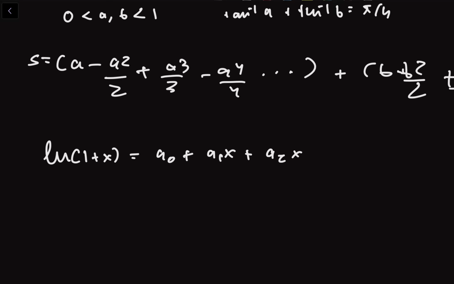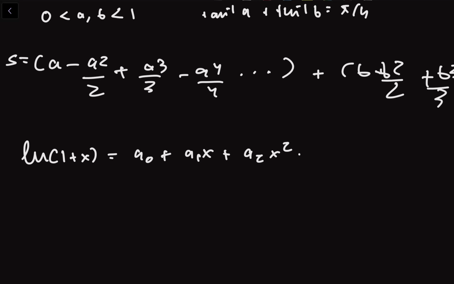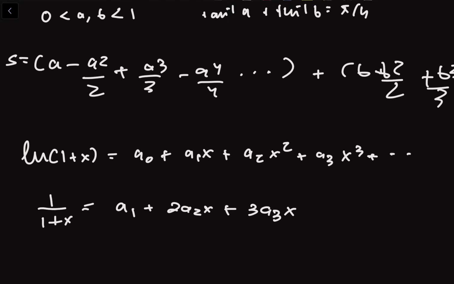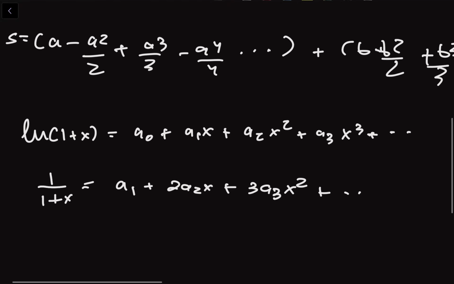You basically take the limit till infinity and keep on taking the derivative to find the coefficients. So a3x cubed plus dot dot dot. Now, when I take the derivative over here, I get 1 by 1 plus x is equal to a1 plus 2a2x plus 3a3x square plus dot dot dot till infinity.